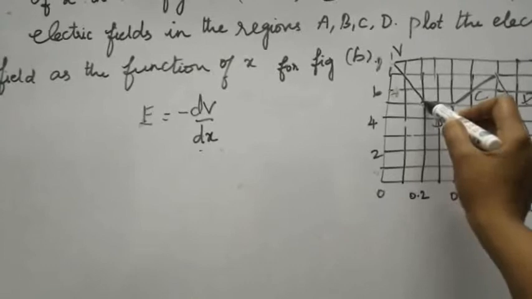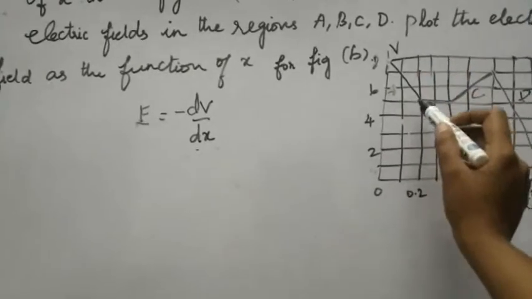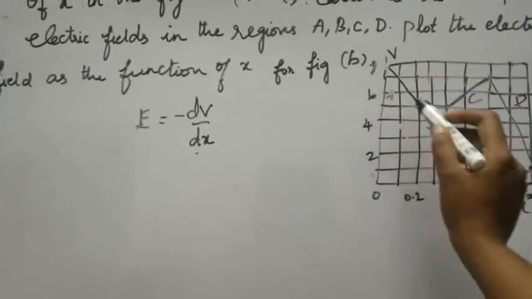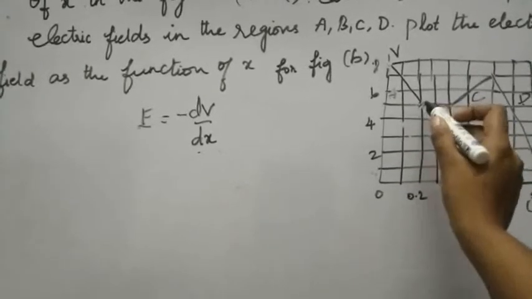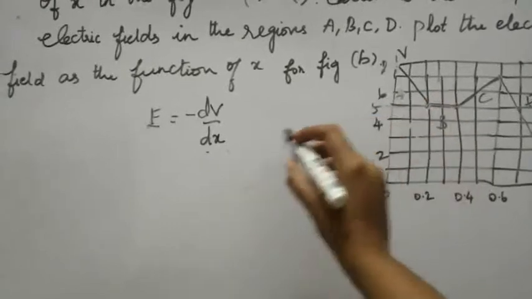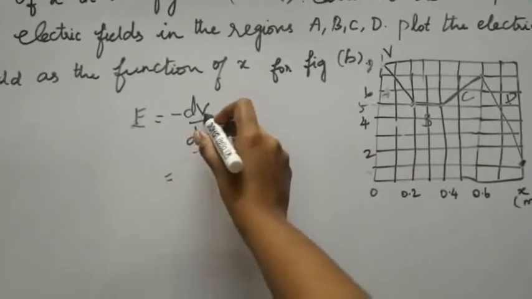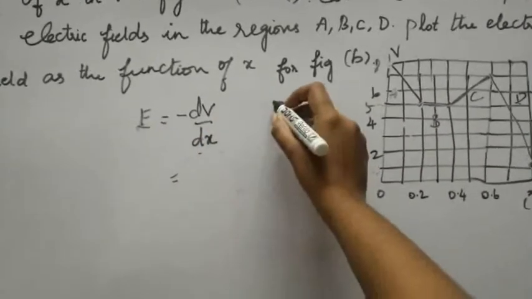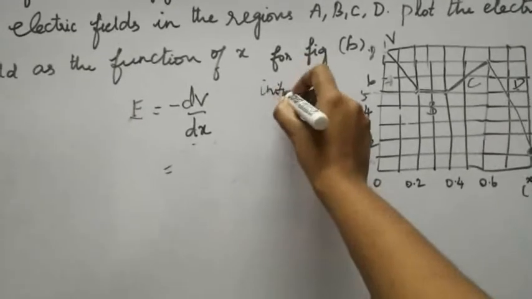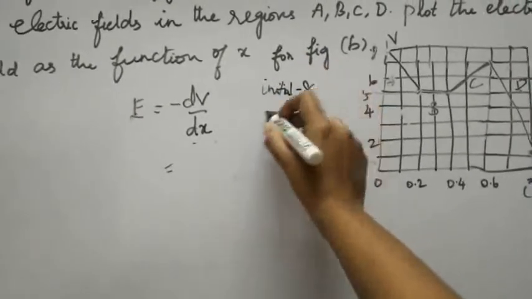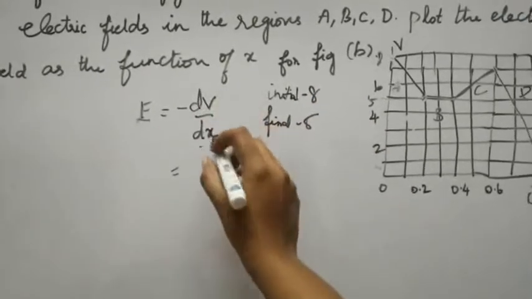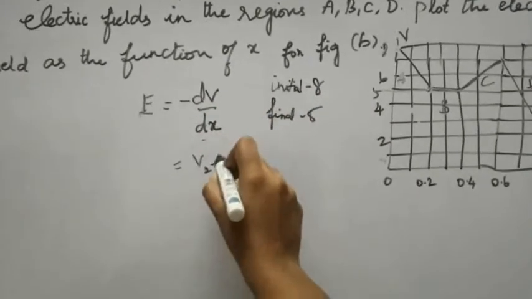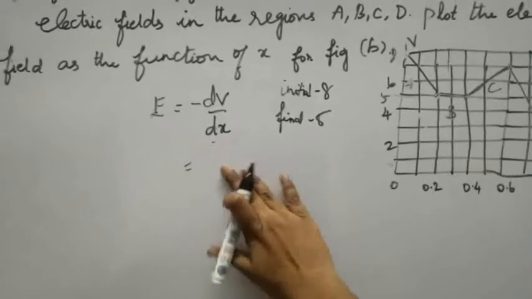And the final point, it moves down as it decreases, and this point is 5 on the y-axis. So my change in the dV value is, initial point 8, final point 5. So the change in V should be V2 minus V1, that is final value minus initial value.